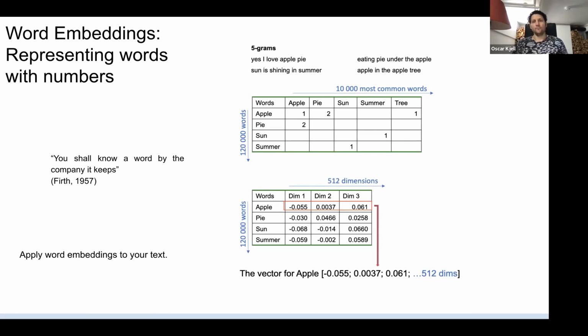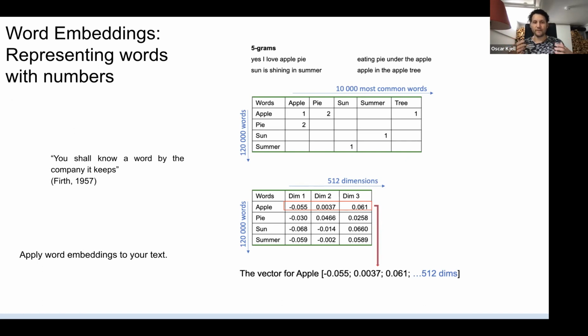An underlying assumption when creating these is that you shall know a word by the company that it keeps. So how you use the word and in which context you use the word sort of provides meaning to it. And this we can take advantage of to create these word embeddings.